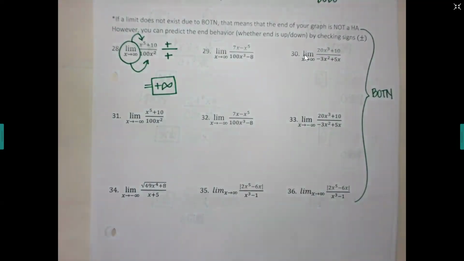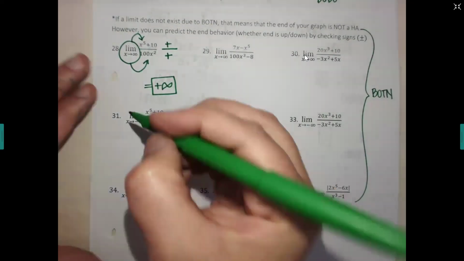Let's check 31 right here. Same question, but what am I approaching? Negative infinity. So if I take a negative infinity and I raise it to the 5th power, we already know it's a button because the bigger power is on top. Negative to the 5th, how is it going to come out?